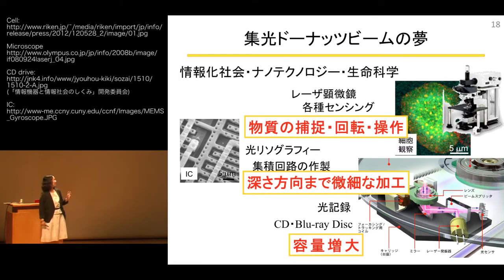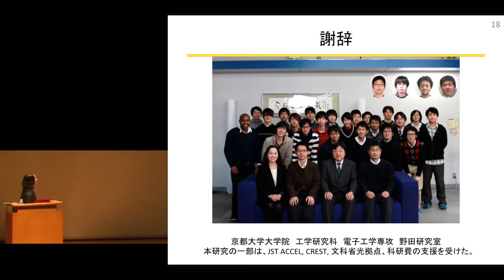We can make it more sensitive, and also we can capture, rotate, or manipulate the subjects. It has a very small focus, but there is no autofocus problem. Therefore, with the technology, we'll be able to process the items very deep. So we have made research with a big dream.